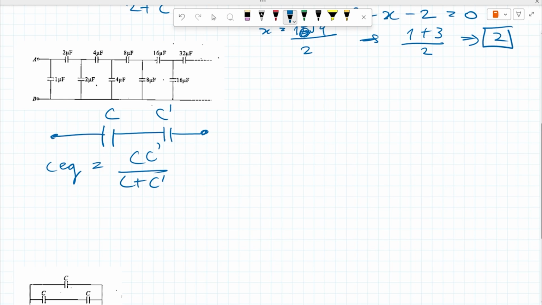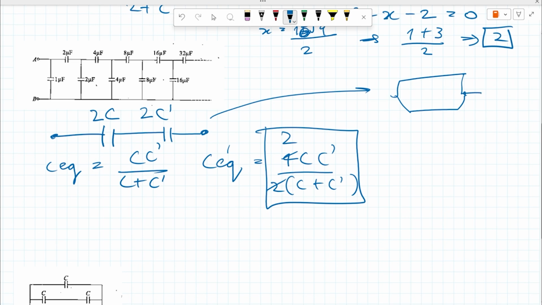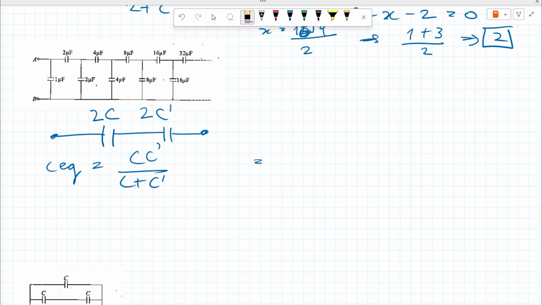Now, if we take up a case where this is 2C and this is 2C dash, then the new equivalent capacitance would be equal to 4CC dash upon 2C plus 2C dash. Now we can cancel this out and we get this. Now if you take the same case in parallel, the same thing happens. Then we can generalize this result to be true for all operators or all capacitors.